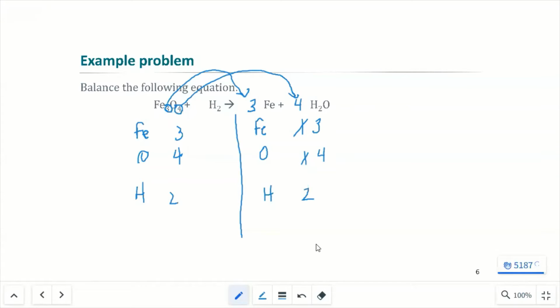Now, in the process of balancing out the oxygen, I've disrupted the hydrogen. My hydrogen went from 2 to now it's 4 times 2, 8. But luckily, hydrogen on the other side, I can quickly fix that to get it to balance out.